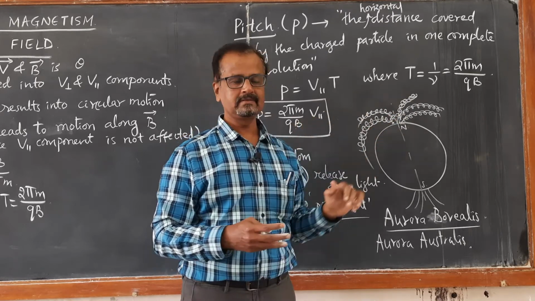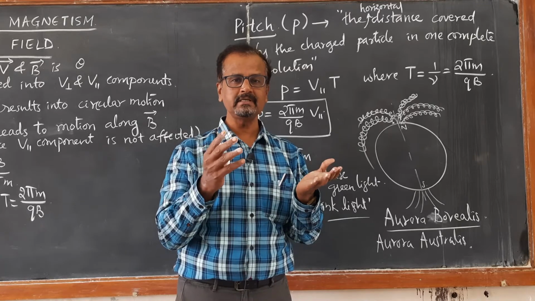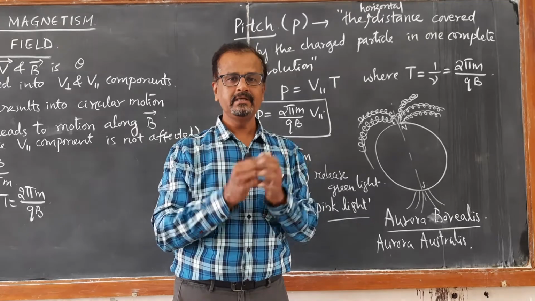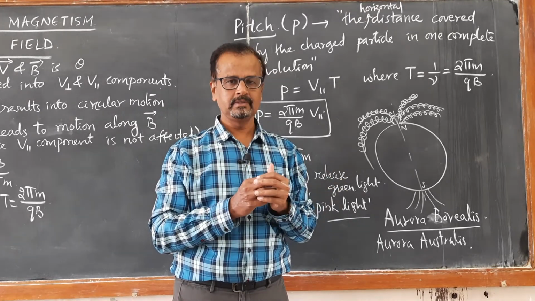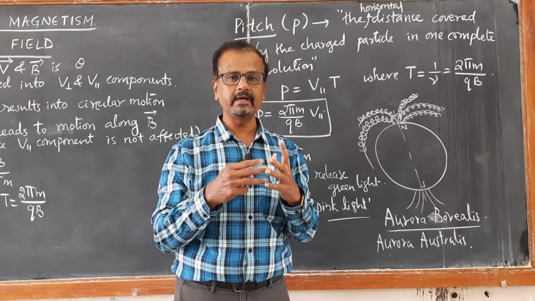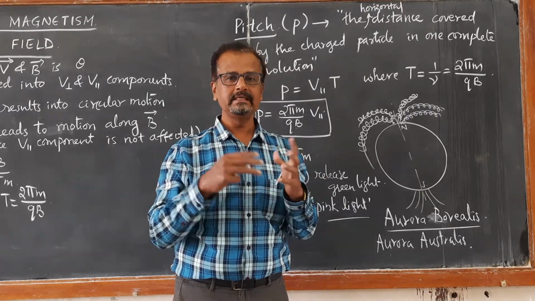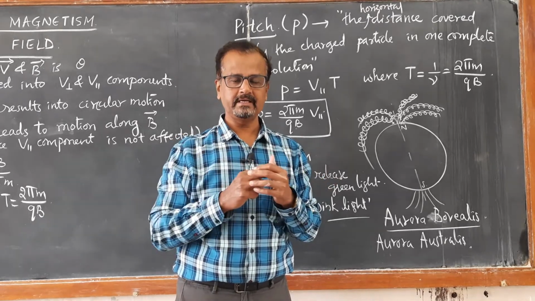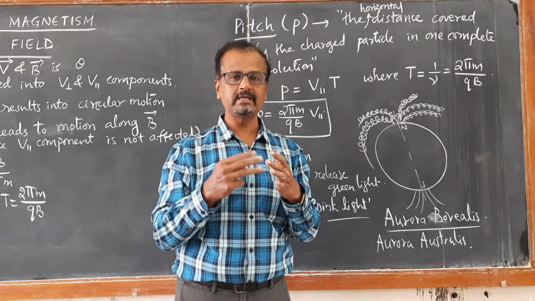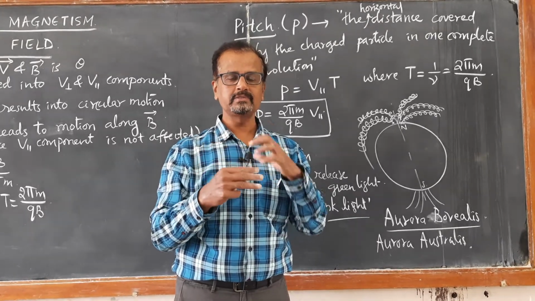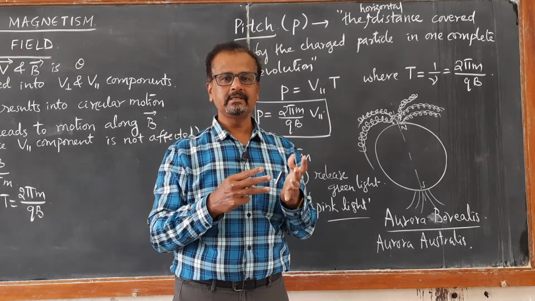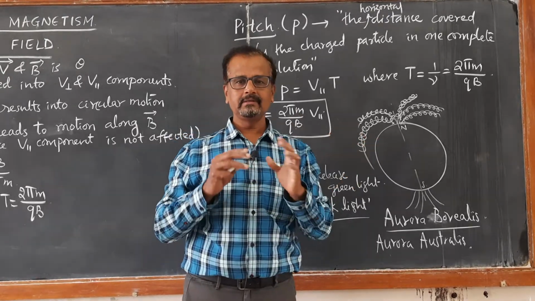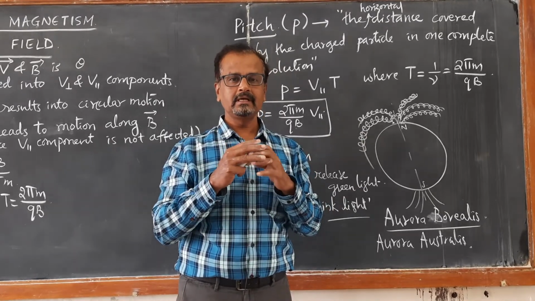During this interaction, the charged particles interact with the molecules of the atmosphere, especially nitrogen and oxygen. When they interact with these nitrogen and oxygen molecules, the molecules are ionized and get to the excited level, and these excited molecules release energy as light of a particular color.